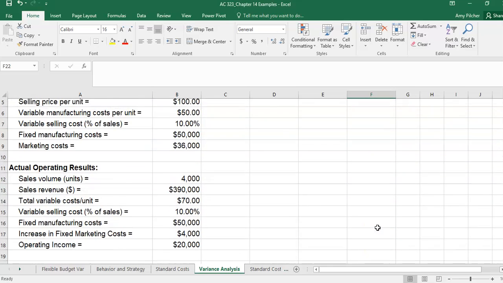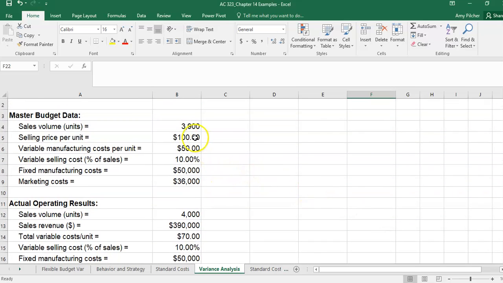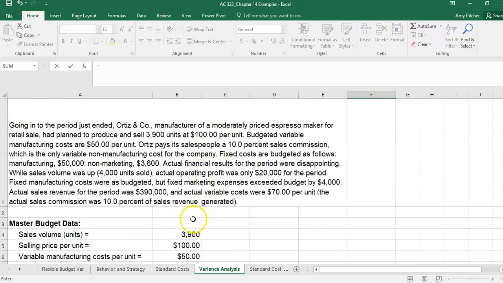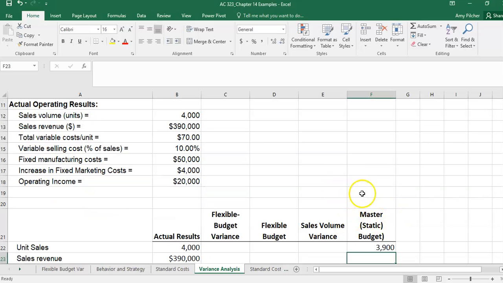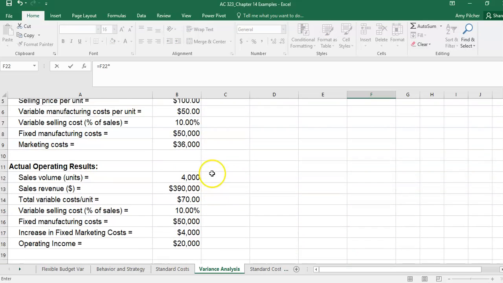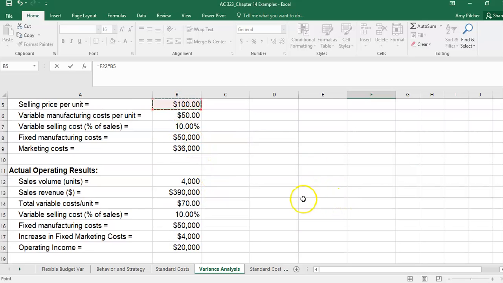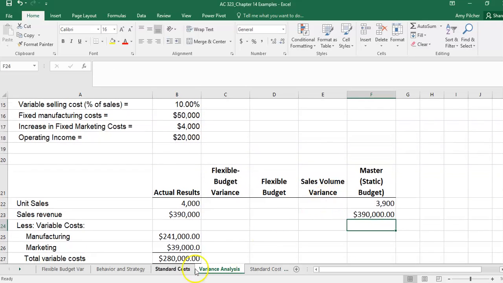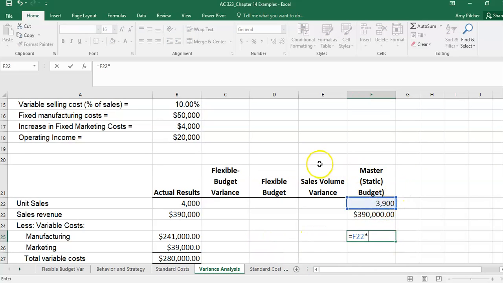So what we budgeted for sales in units was 3,900 units. We have a budgeted sales price of $100 per unit. We have budgeted manufacturing costs of $50 per unit.